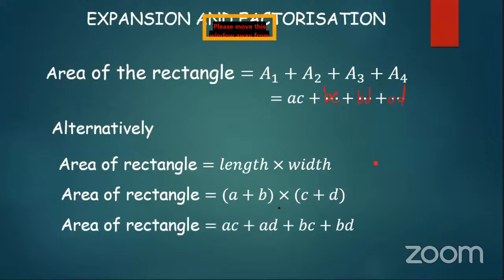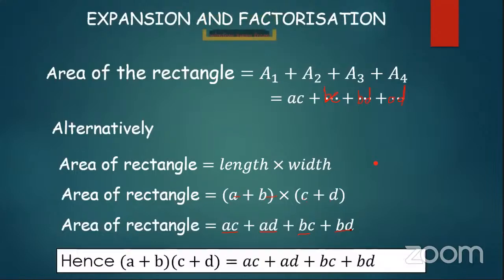So when we do that, it would give us A times C, which would give us AC, A times D, which would give us AD, B times C, which would give us BC, and B times D, which would give us BD. And we would conclude and say A plus B, bracket C plus D is the same as AC plus AD plus BC plus BD.